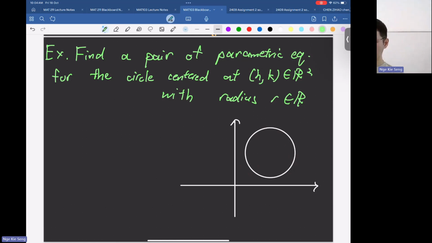Can you describe the x and y coordinate? But I gave you more than this circle, right? I told you the center, and I told you the radius. So from these two pieces of info, can you figure out how to tell the xy point, depending on t?